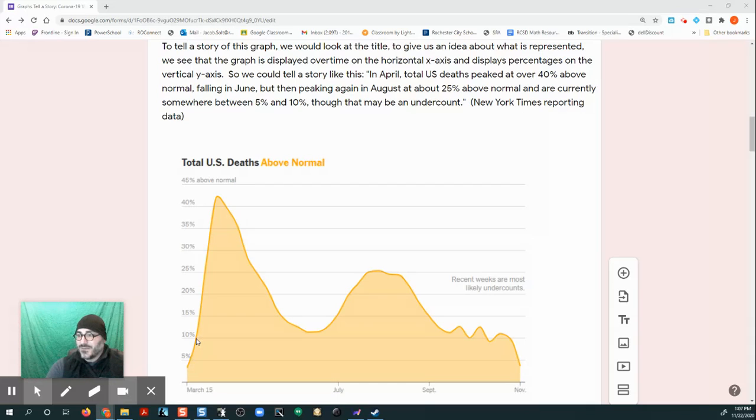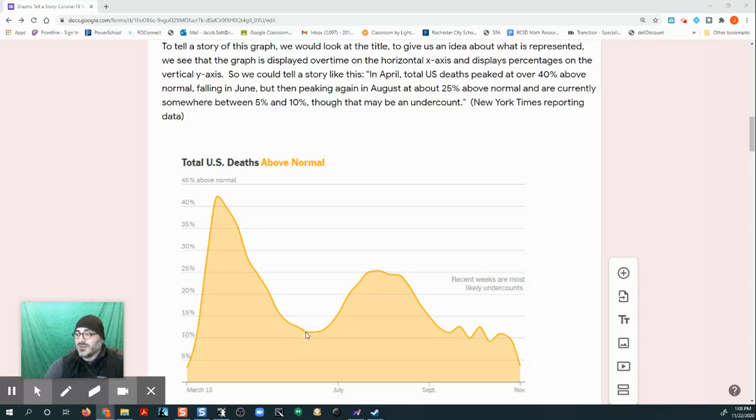Right here in March, sometime there were 10% greater deaths than normal, right? And the peak here was above 40%. It was about 40% more deaths than normal sometime probably in the beginning of April. And that seemed to go down, and there became a valley here, sometime in June it looks like, at about only maybe 11 or 12% above normal.